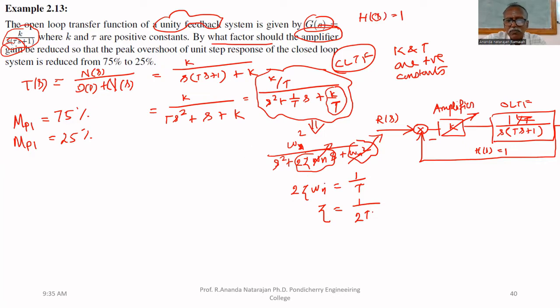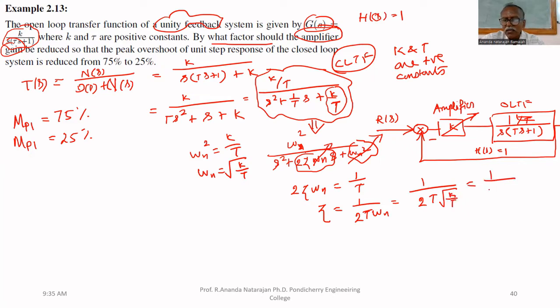Omega n square equal to k by tau. Therefore, omega n equal to square root of k by tau. So zeta equal to 1 upon 2 tau times square root of k by tau, that is equal to 1 by 2 root k tau. Am I correct or not? Zeta equal to 1 by 2 square root of k tau.